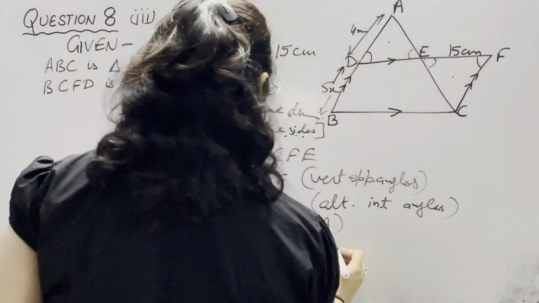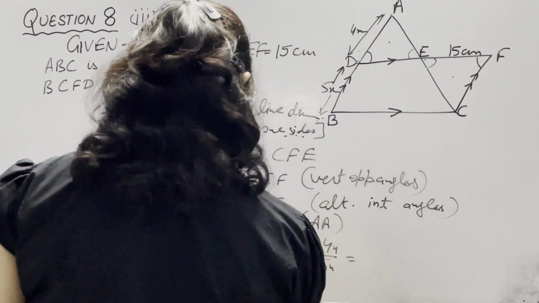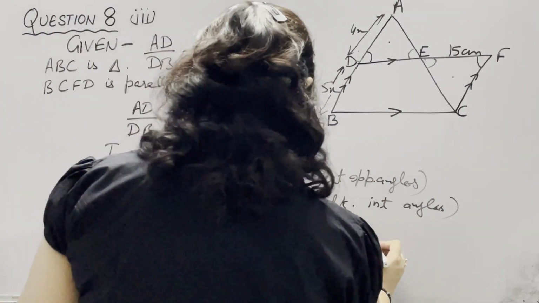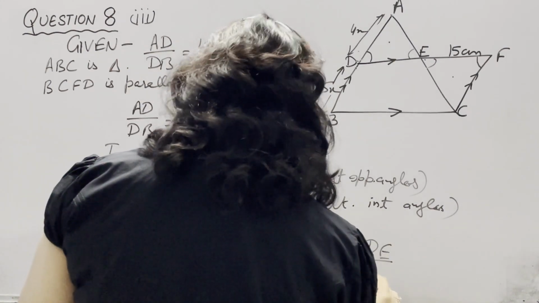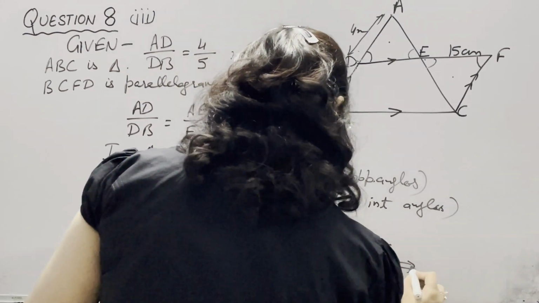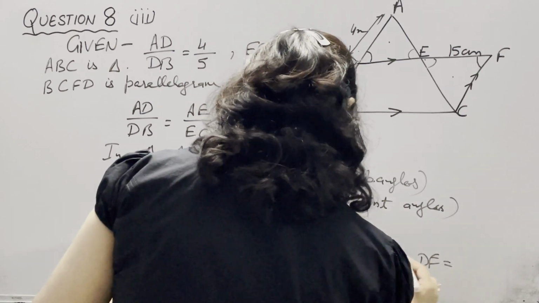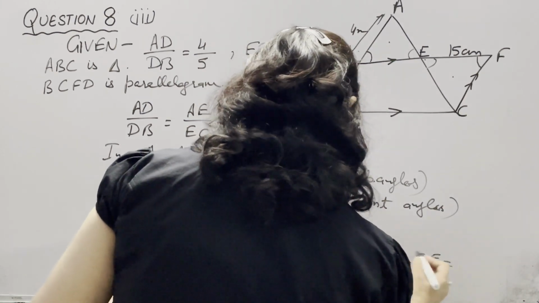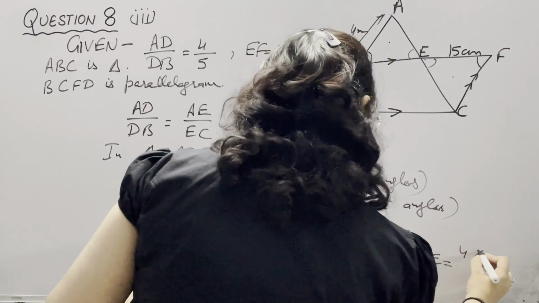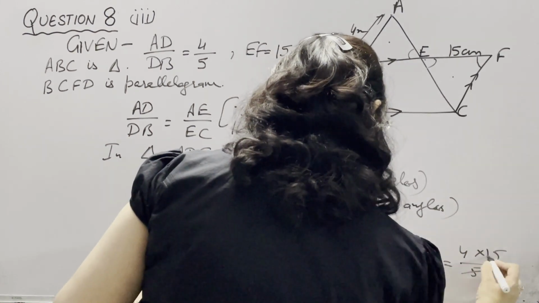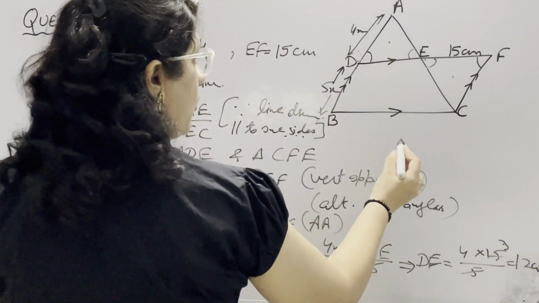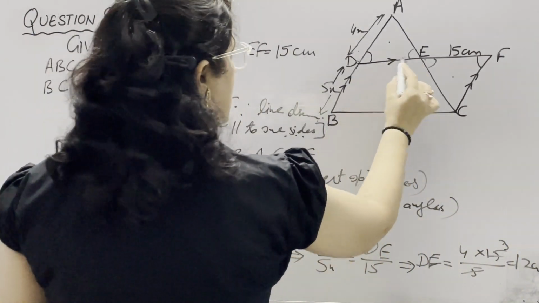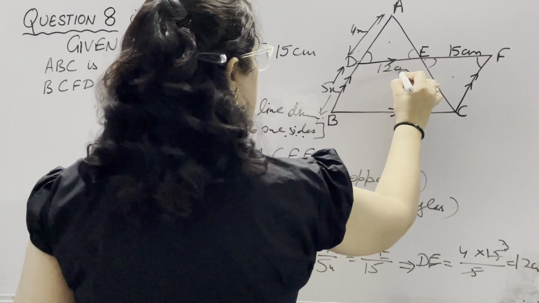These two lines are parallel. So 4x upon 5x is equal to DE upon EF. The value of DE we need to calculate, but the value of EF is given as 15. So the value of DE is equal to 4 into 15 divided by 5. It means 12 centimeter. So the value of DE is equal to 12 centimeter.